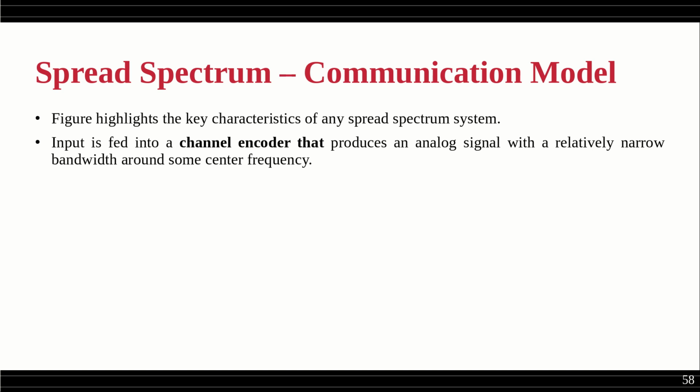The channel encoder just encodes the input data, either analog or digital, to an analog signal. Any of the techniques we already saw can be used. Once we get the analog signal, relatively narrowband around some central frequency, it is spread further using the spreading code.